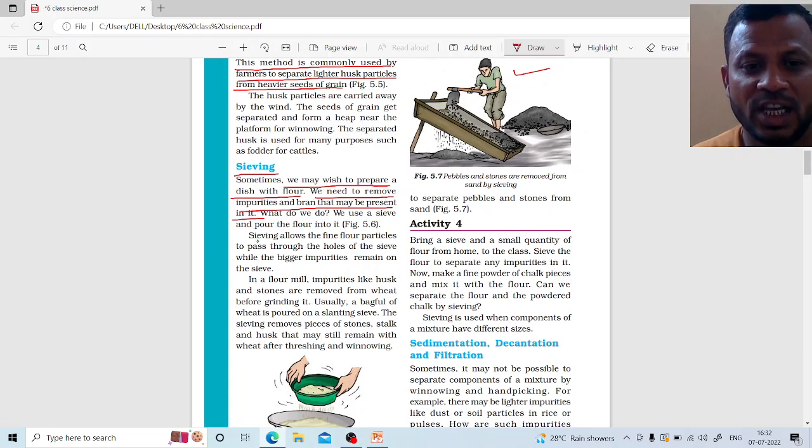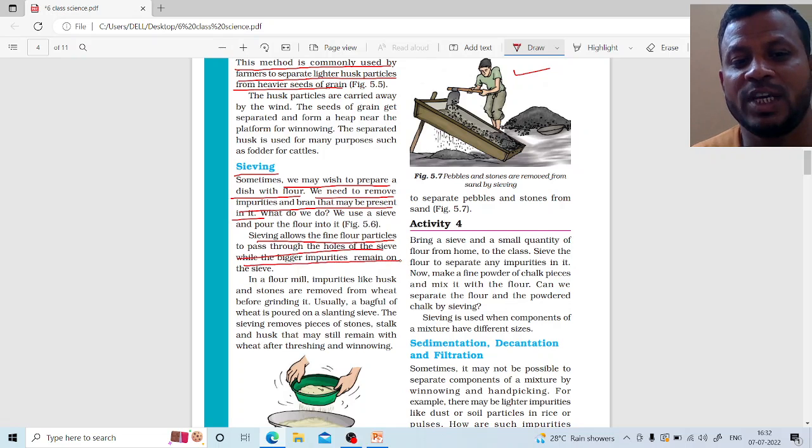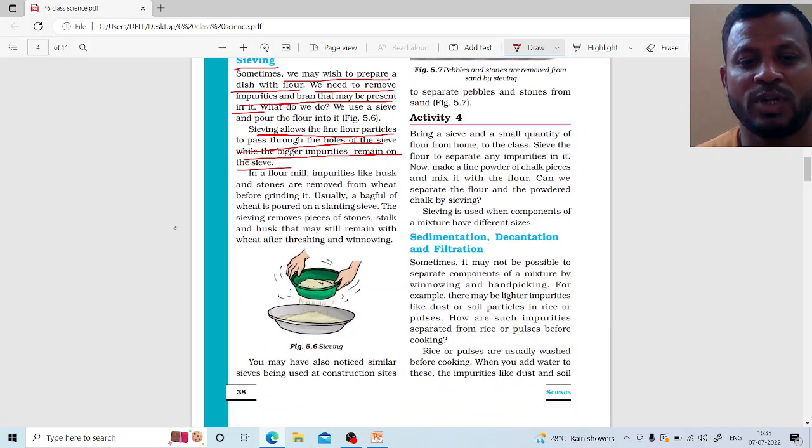Sieving allows the fine flour particles to pass through the holes of the sieve, while bigger impurities remain on the sieve. When we put the flour in this sieve, we shake it. The impurities remain in the sieve and the fine, pure particles settle in the lower vessel.